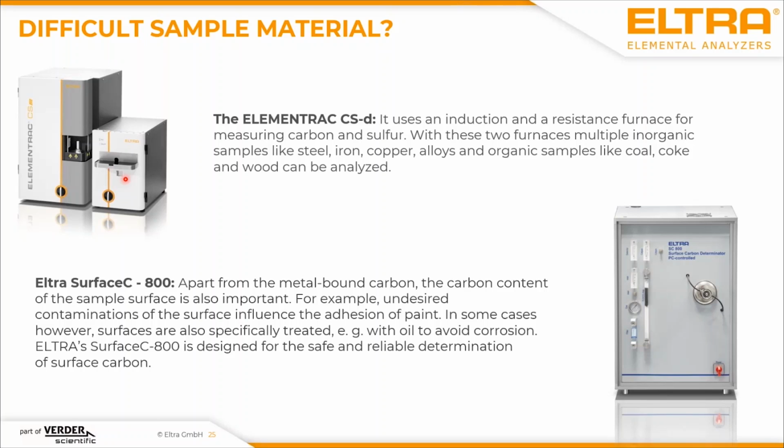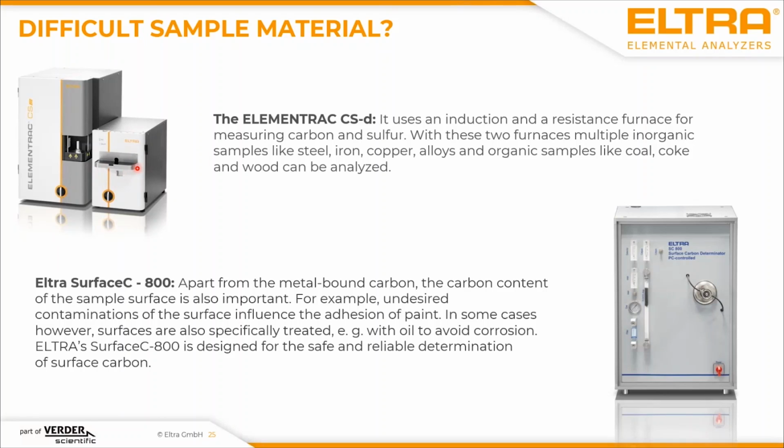For example, if you want to look at the free carbon, which is not the carbon which I see when I combust the whole sample, but only what can be gotten out by raising the temperature, then you can use a resistance furnace.